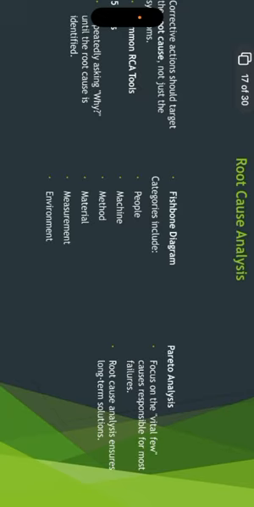Pareto's analysis is another way of performing root cause analysis. This focuses on the vital few causes responsible for most failures. Root cause analysis ensures a long-term solution. Pareto's is a form of root cause analysis, but it is more like a summary, a very quick analysis.